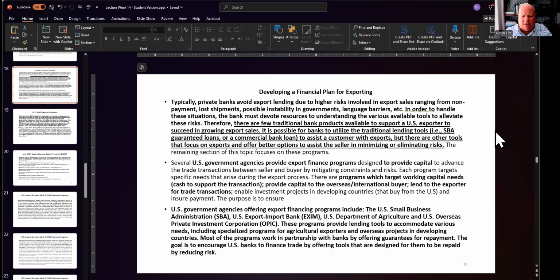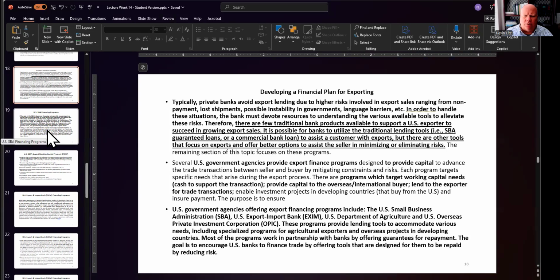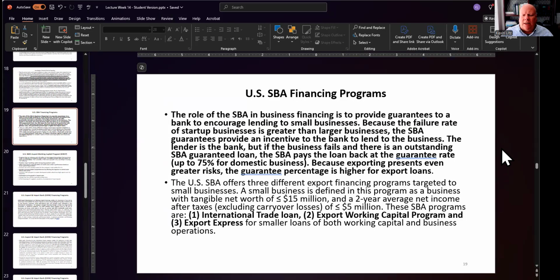Securitization, we've talked about this. I might actually not only receive insurance to get paid, but also I can sometimes get loans from some of these agencies. I'm using US agencies as examples in this lecture. SBA: your CEO says, well, we don't have the money to do all our financing.